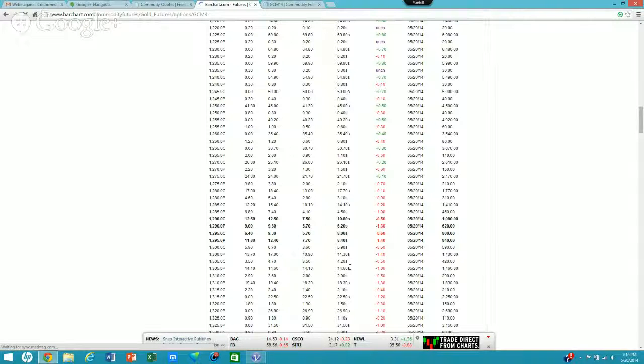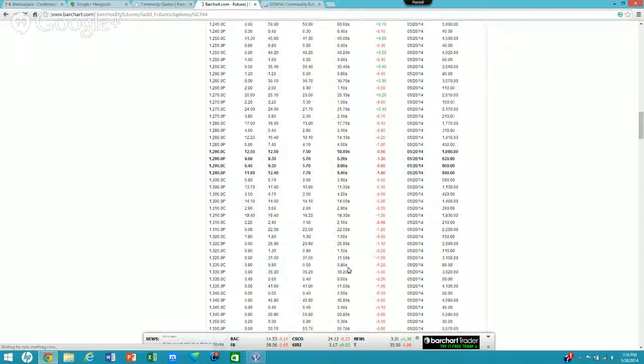But one of the ways you can protect yourself from that is you can sell the 1275 put, and then you can buy the 1265 put. It limits you some, and you can do the same on the upside. You can sell the 1275, I'm sorry, the 1315 call for 210, and then buy the 1325 call for 110.